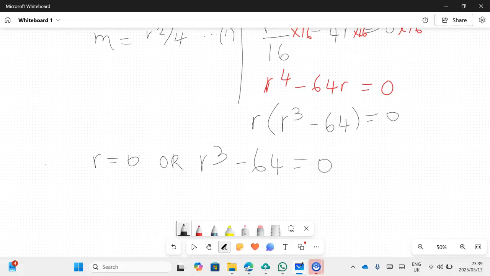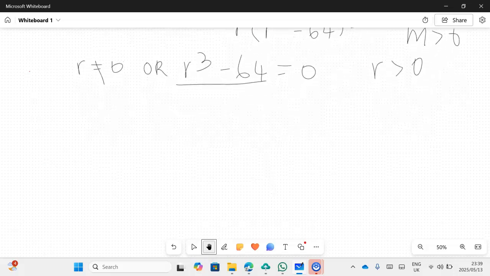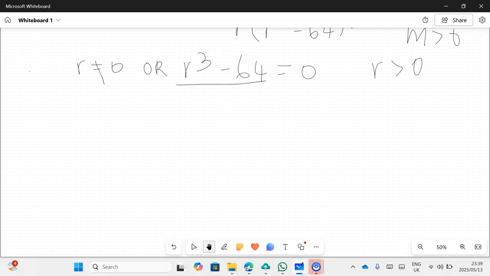Remember the question said our r must be greater than 0 and our m must also be greater than 0. So r equals 0 cannot be the solution for now, because we have to find our solution from this one. Then I move up a bit, and I'm going to factorize this cubic function.